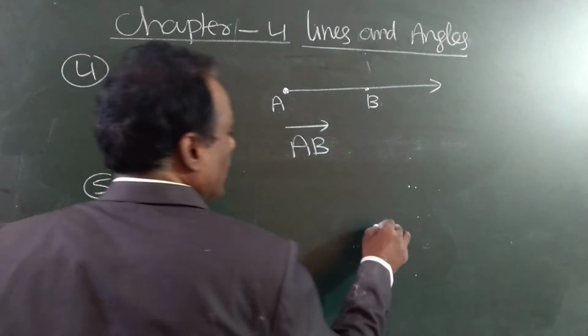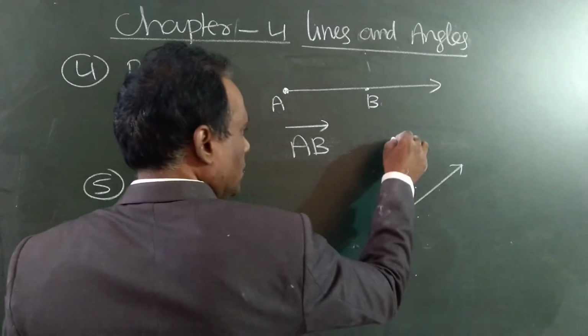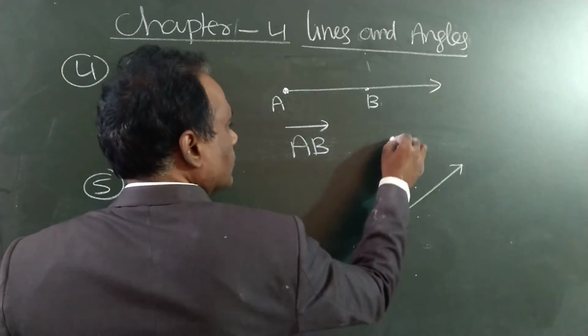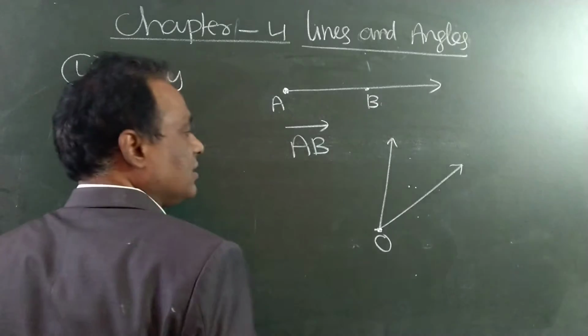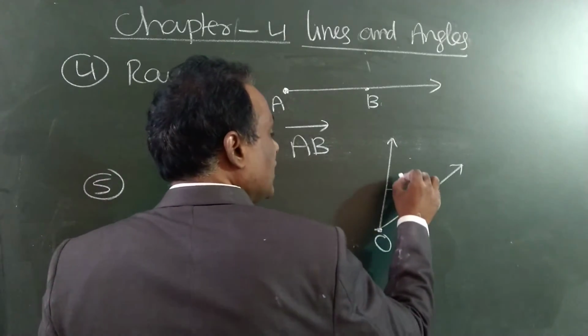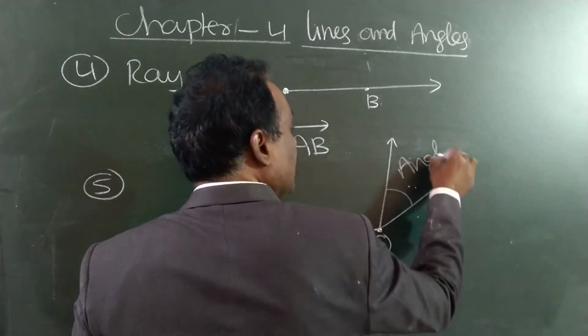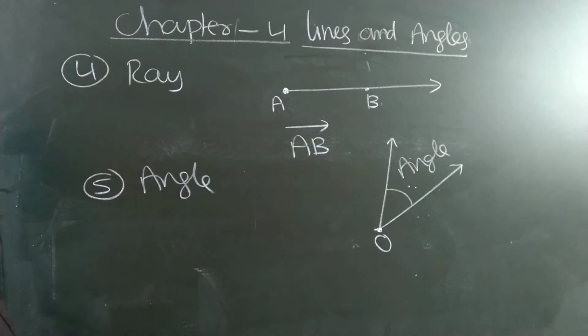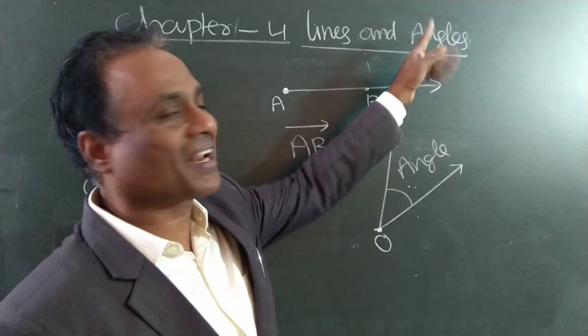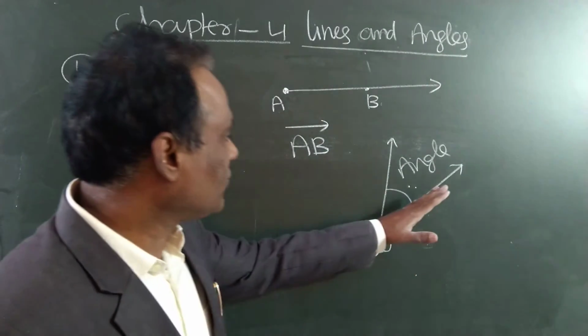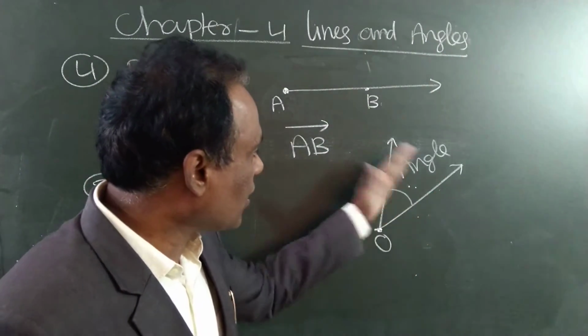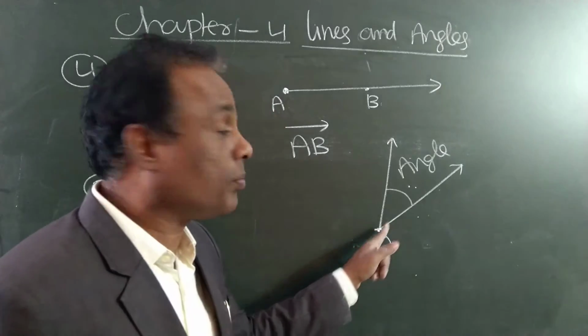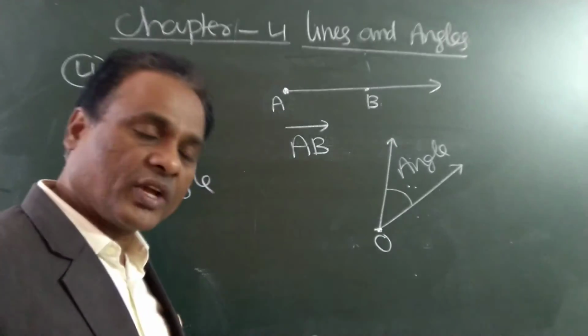Next, if we have two rays having a common end point, this is called an angle. So line is over, ray is over, now we are coming to angle. The union of two rays having a common end point is called an angle, like that you can define.